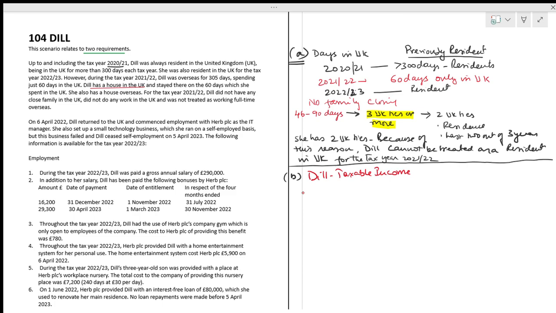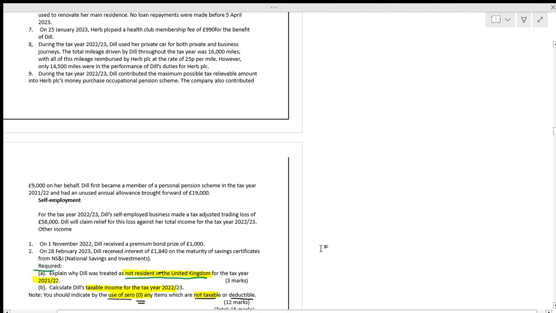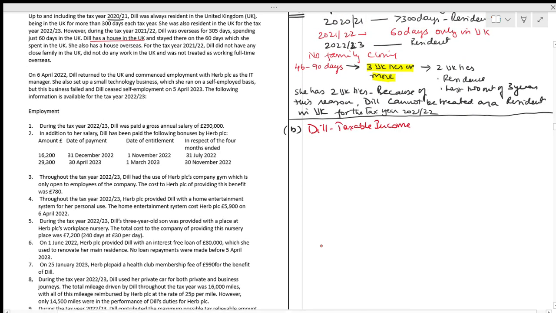That's very, very specific; we have to understand. When you are doing this, what is the annual gross salary?